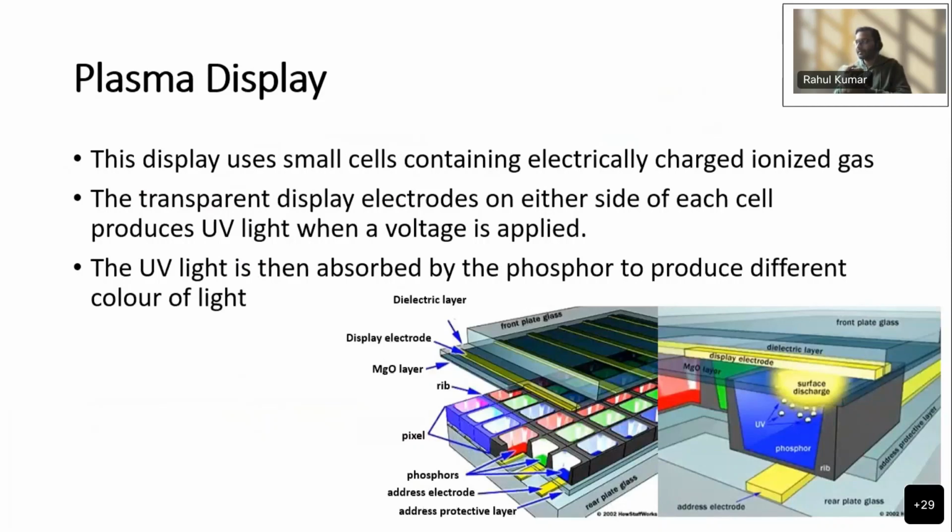The next type of display is your plasma display. Okay, so this display uses small cells containing electrically charged or ionized gas. Right, so you have some small cell which is filled with ionized gas.